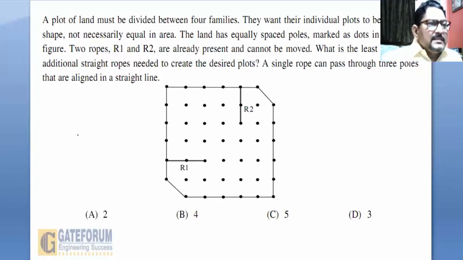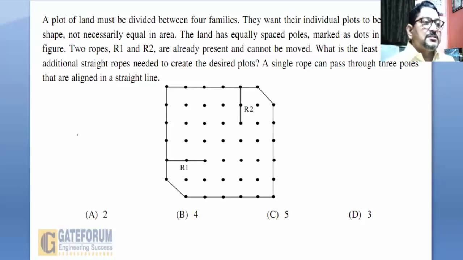The land has equally spaced poles marked as dots in the below figure. Okay, so those dots are poles, standing vertically. 2 ropes, R1 and R2, are already present and cannot be moved. What is the least number of additional straight ropes needed?